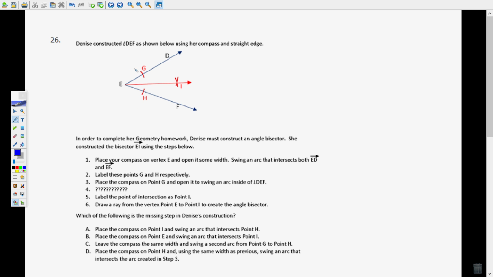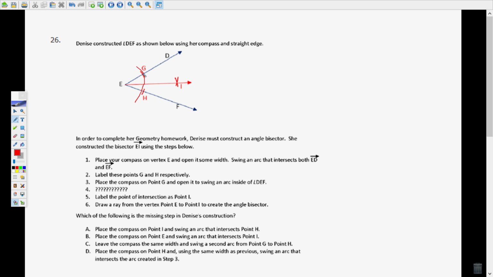It doesn't matter how wide it is, just as long as it crosses the two sides of your angle. Swing the arc that intersects both ED and EF, and it could be one solid arc. It doesn't have to be separated like they did here, but it can be. It's fine either way. The next step, label these points as G and H respectively.